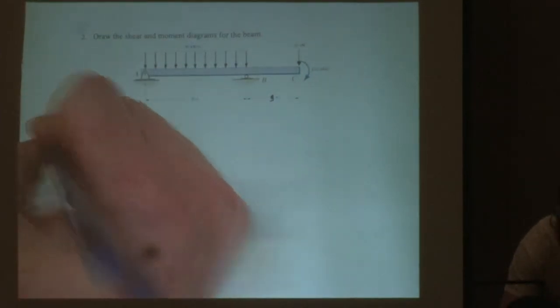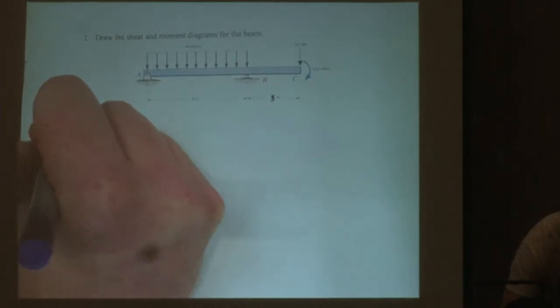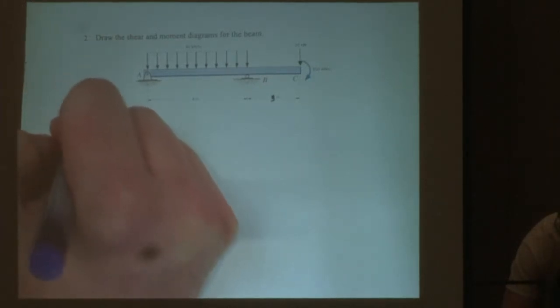All right, so we're going to do sum of moments about A equals 0.